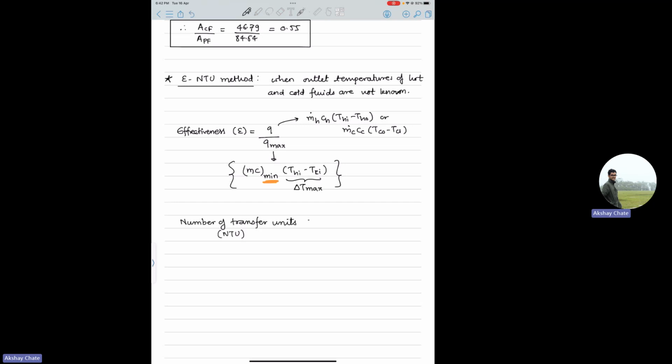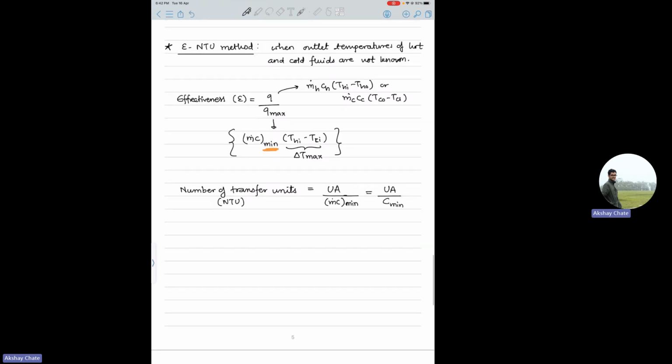NTU is nothing but UA by MC minimum, or here typically they write capital C for the product of M dot and C. And there is one thing called capacity ratio, typically denoted by capital C.